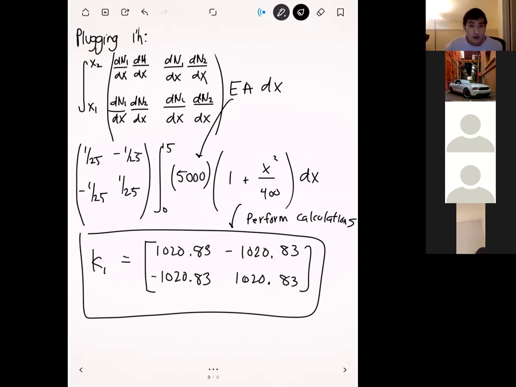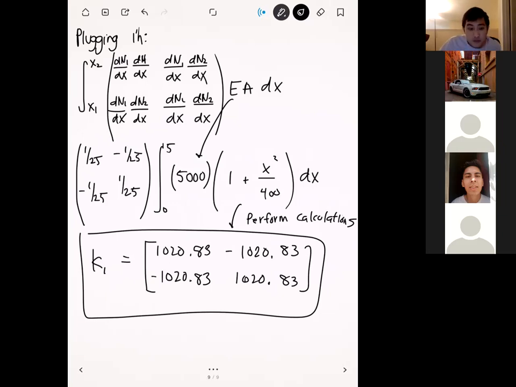Any questions on this? Yeah, I had a question, Professor. Sure. For computing the shape function derivatives, do we just assume that it's a linear solution? Yes. That was kind of a big assumption that we made, and we stuck with that assumption all throughout here.